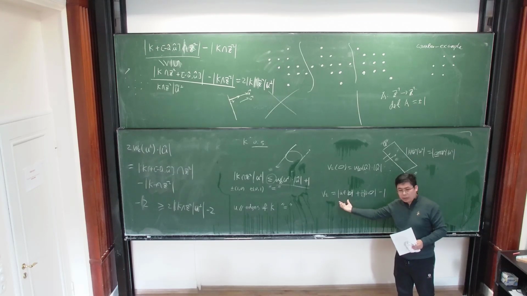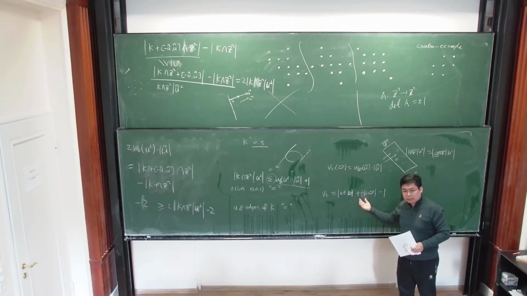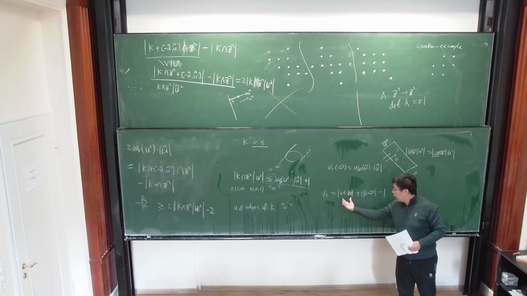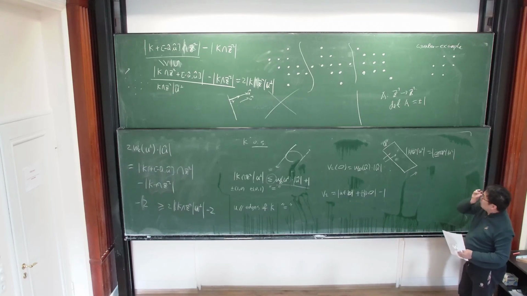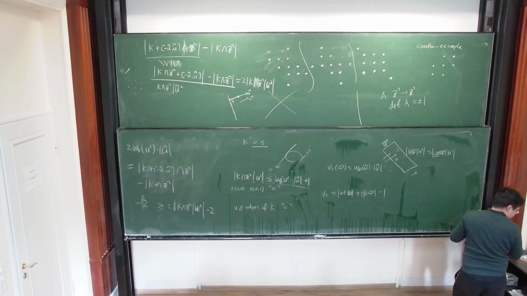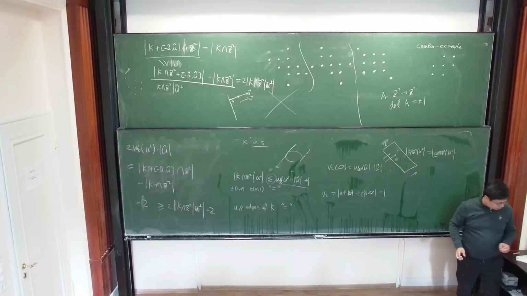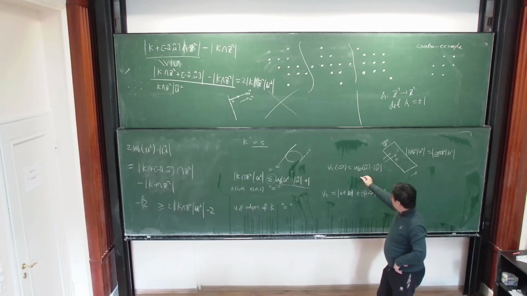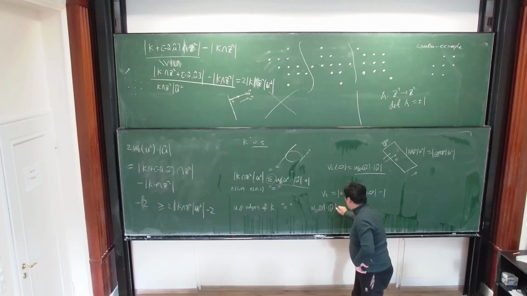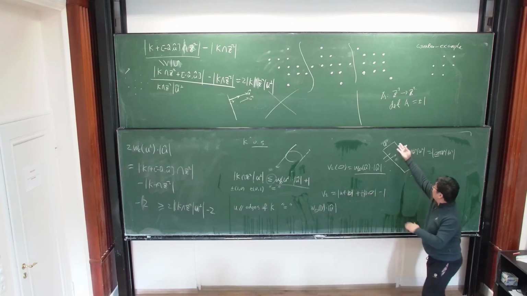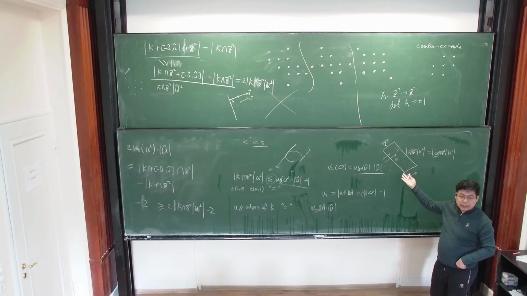Now you remove all the half boundary points to here, then this becomes plus. So it's all the points in the interior, plus half the boundary, minus 1. And now the volume is this one. And the width of the parallelogram is exactly the width of K.